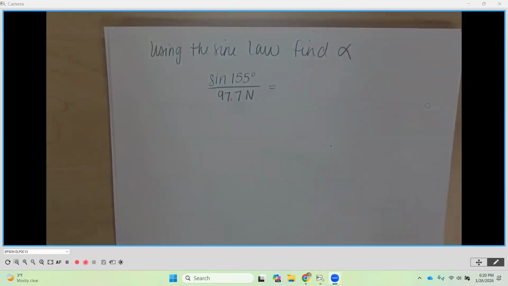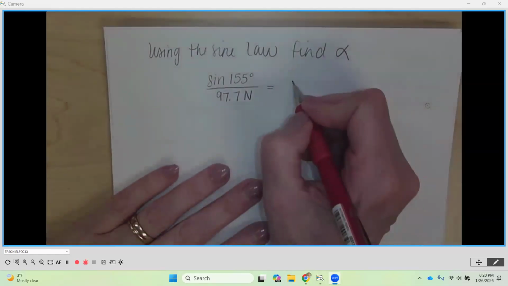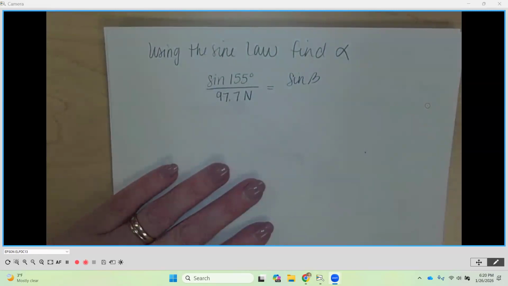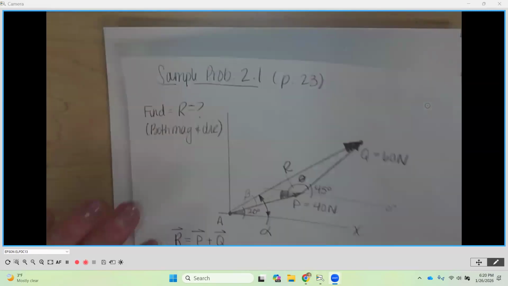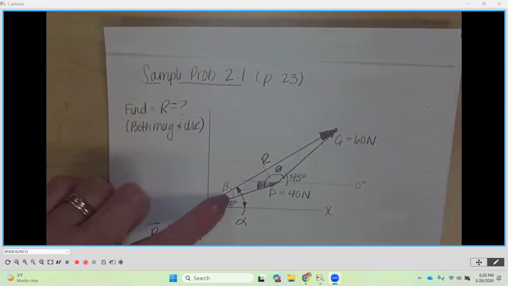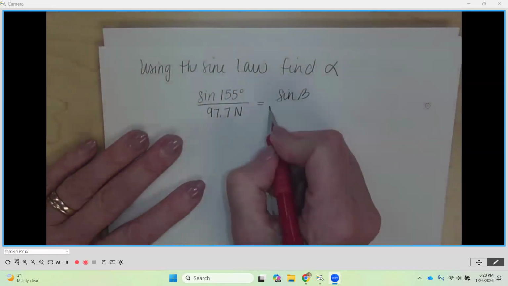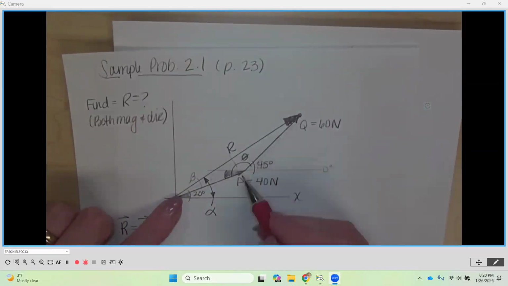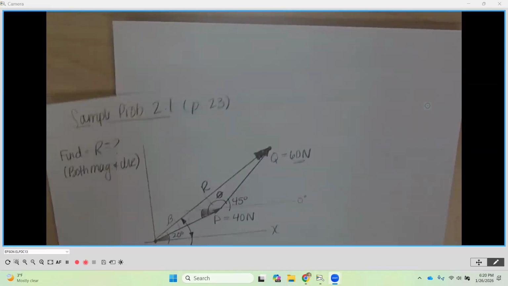It's going to be equal to the sine, not of alpha, but of beta. Beta is in our triangle. So if we look here, we want to know what is that little angle there, and then we'll add 20 to it to get alpha. So the sine of beta divided by Q, which is 60 newtons.